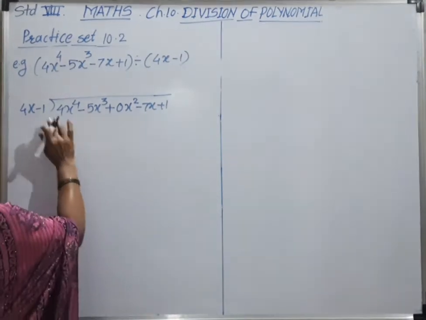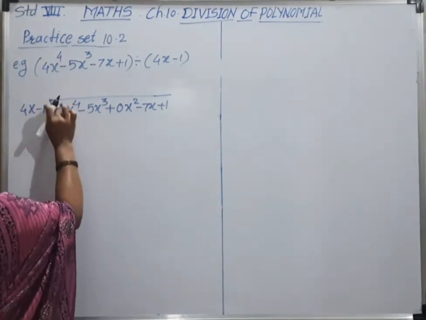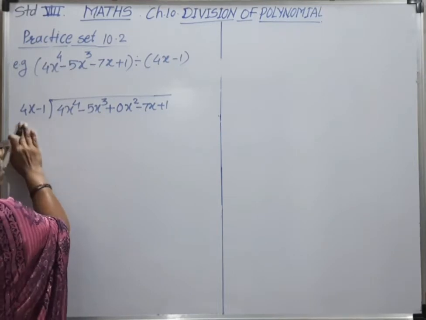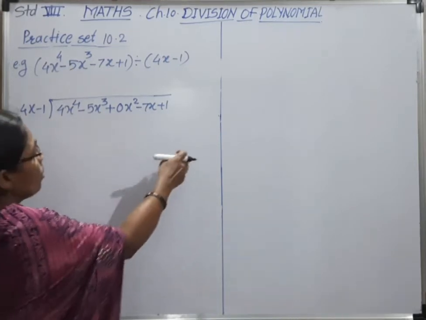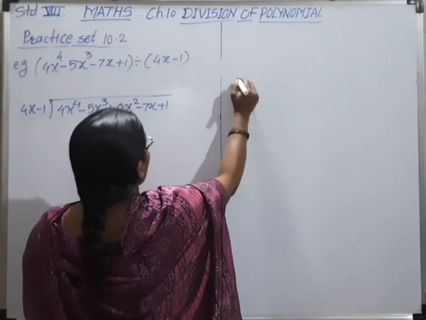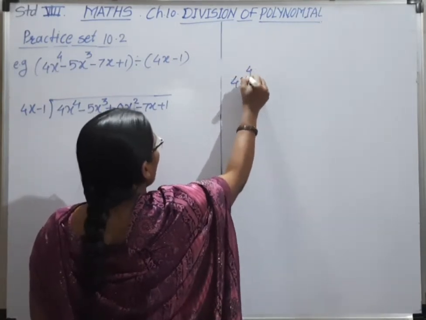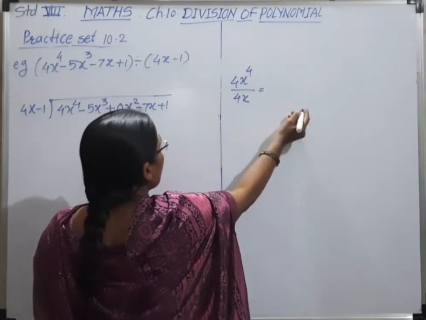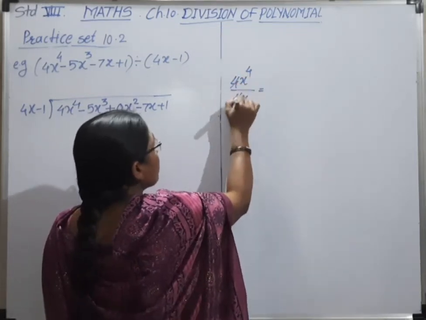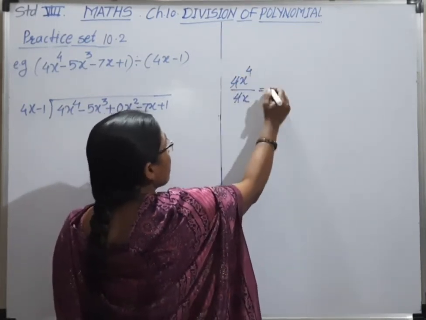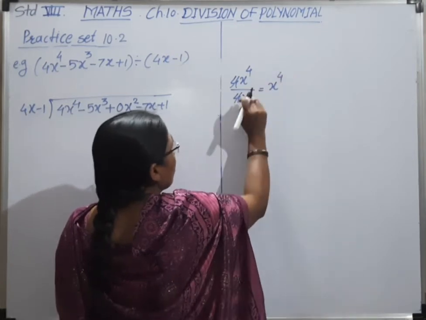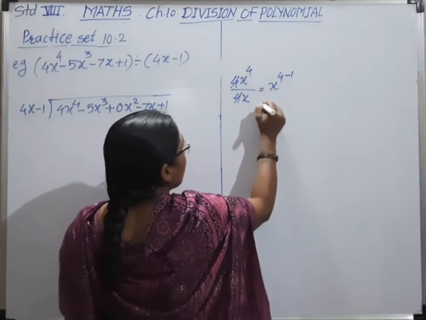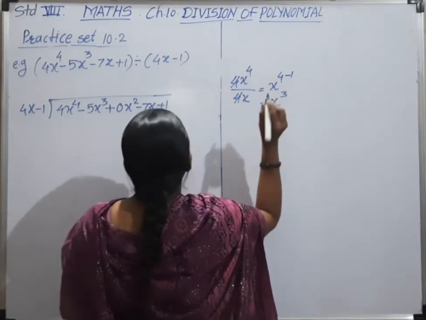Every time, divide the first term of the dividend by the first term of the divisor. I am doing the rough calculation here only. 4x raised to 4 divided by 4x: 4 ones are 4, and x raised to 4 divided by x gives x raised to 3, that is x cube.